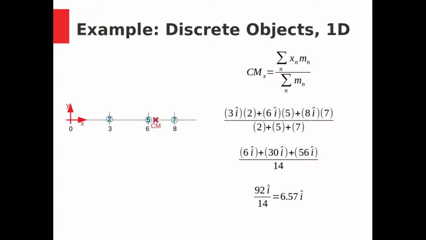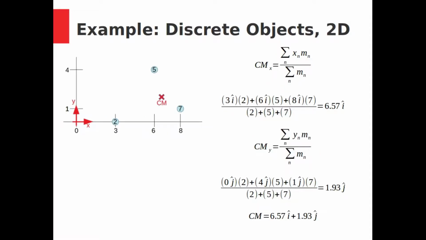When we solve this, we get the center of mass being 6.57 i-hat. So the center of mass is located somewhere between the 5 kilogram asteroid and the 7 kilogram asteroid. Now you'll notice that this center of mass actually doesn't correspond to any particular asteroid by itself. It's somewhere between 2 asteroids. That is completely legal.